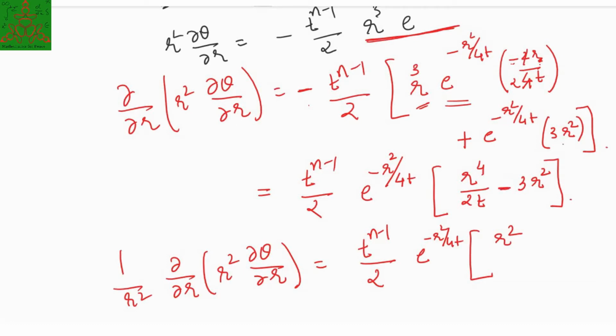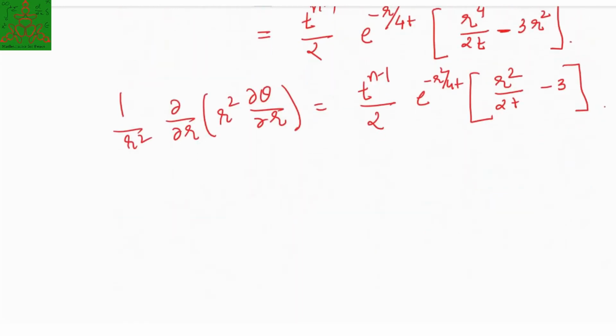Here you will have a minus sign due to this minus being multiplied to this plus. So that's why you will have minus 3 here. So this is the quantity you will have.